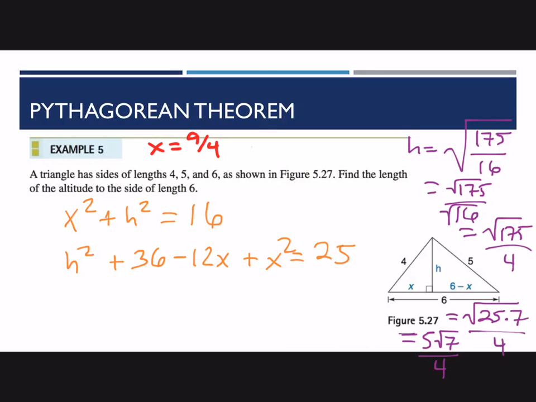Okay, so h, the height or the length of the altitude, would be 5 square root 7 over 4. All right, and then you may just want to double check that, so get a decimal answer for this original fraction we had for h, and get a decimal answer for this, and verify that they are the same thing.